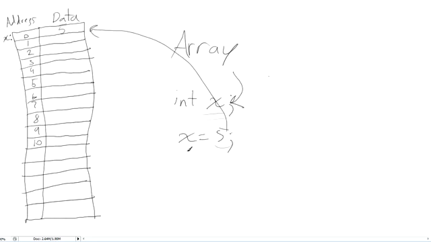Now, here's something new. Let's say we go int, we'll just call this list, and then we go four, like this, in square brackets. We type a line like this.